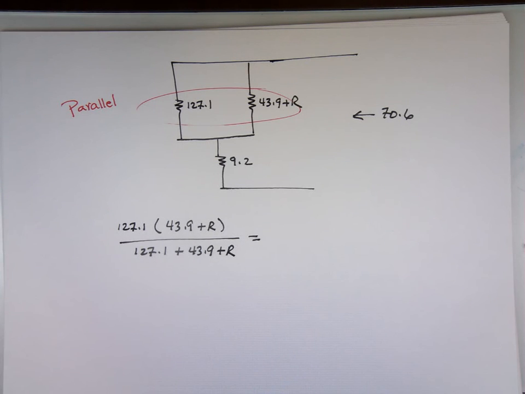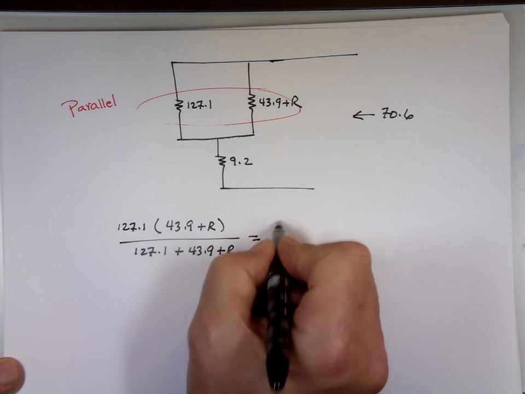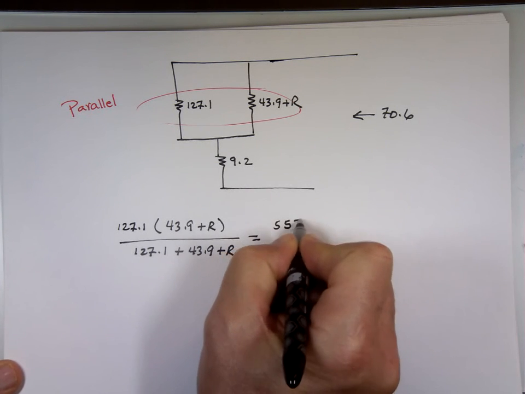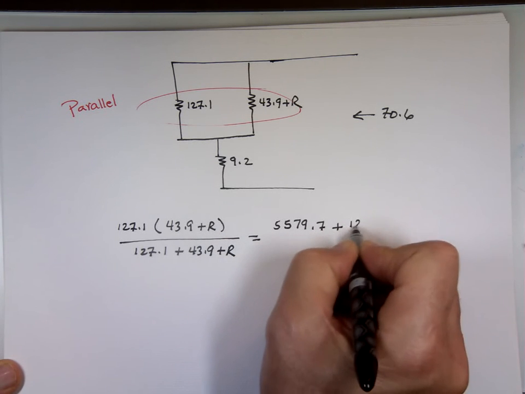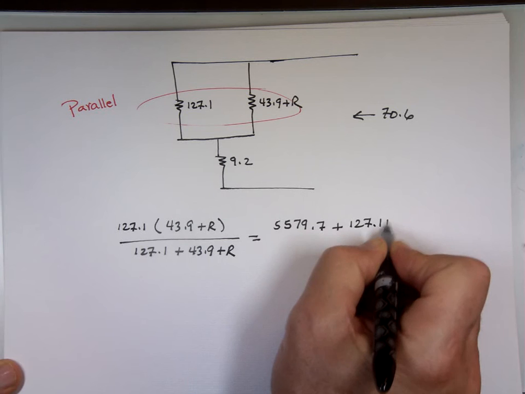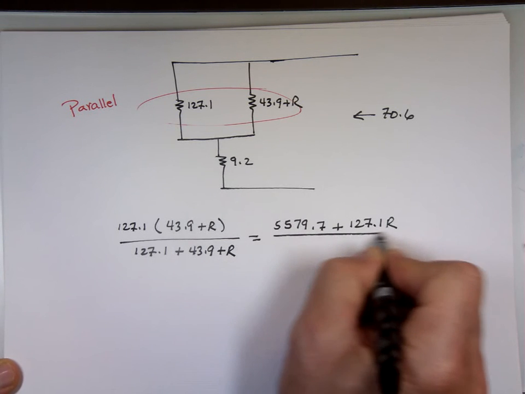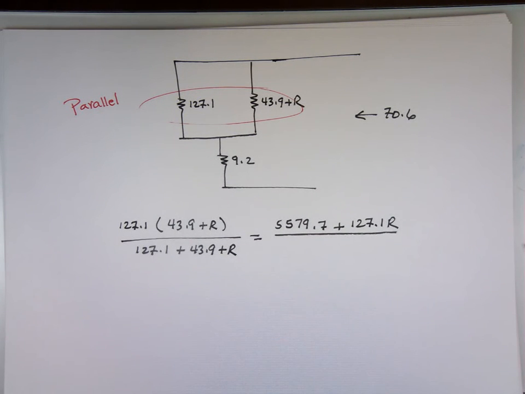A little math here, 127.1 times 43.9, 5579.7, plus 127.1 R over the sum of them, 127.1 plus 43.9.